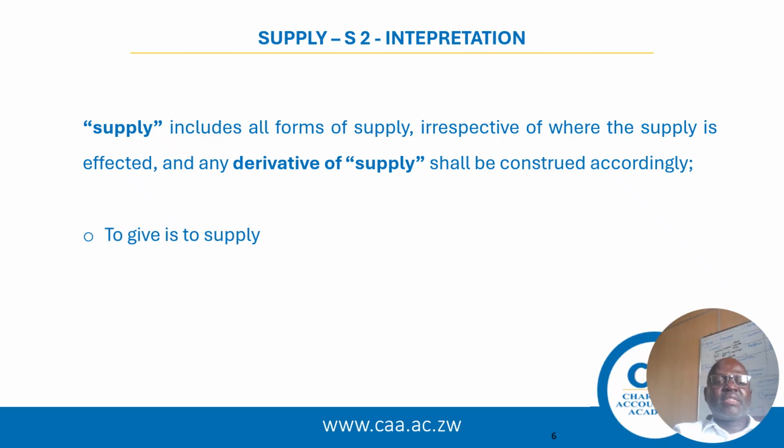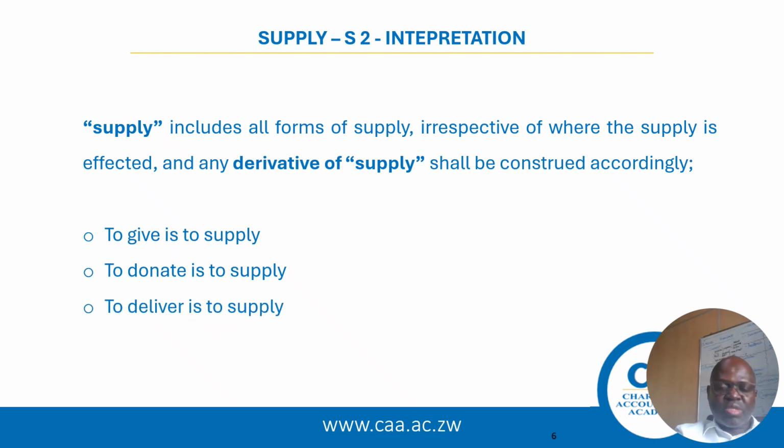So it tells us something like, if I give you something, my pen, my calculator, I have supplied. It's all forms of supply. So to give is to supply. To donate is to supply. To deliver something to someone, you've supplied. So it's all forms of supply and derivatives of supply, where you can be viewed as having supplied.